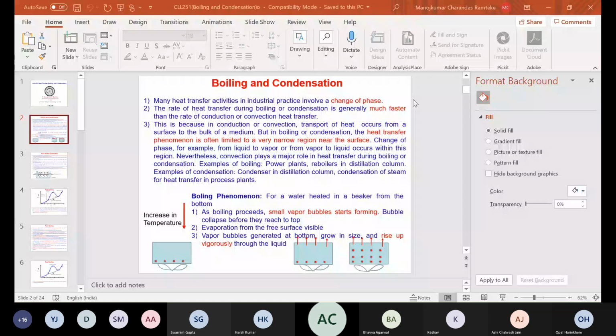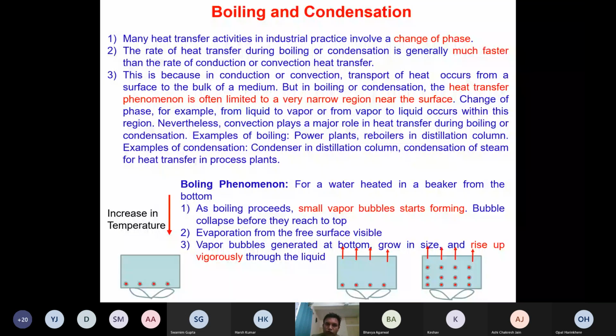Okay, so in the last class, we started looking at boiling and condensation. We have discussed that boiling and condensation is the heat transfer in which a change in phase takes place. Also, the rate of heat transfer is in general higher than the usual conduction and convection.